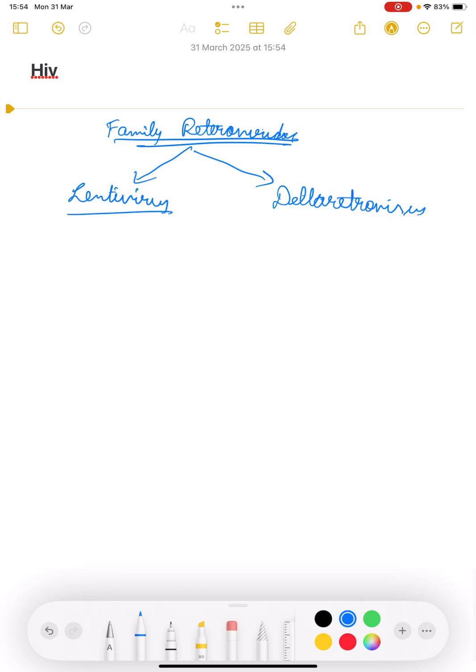The genus Lentivirus has HIV-1 and HIV-2, and the Delta retrovirus genus has HTLV-1, which is the human T cell lymphotropic virus.